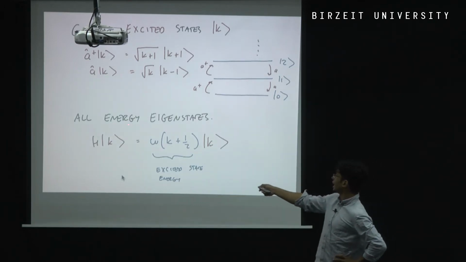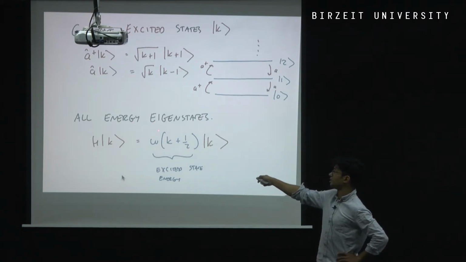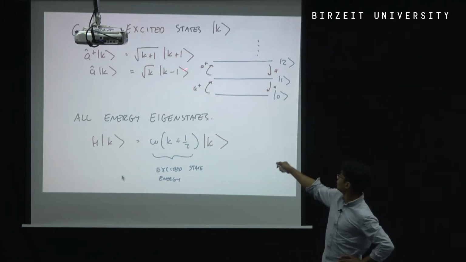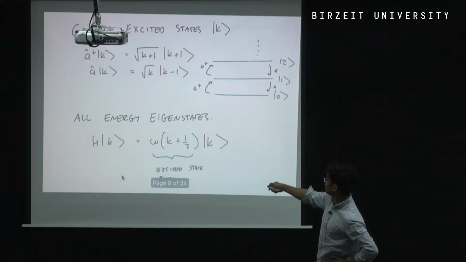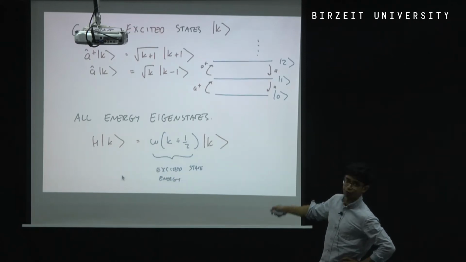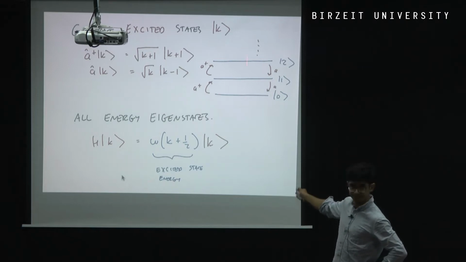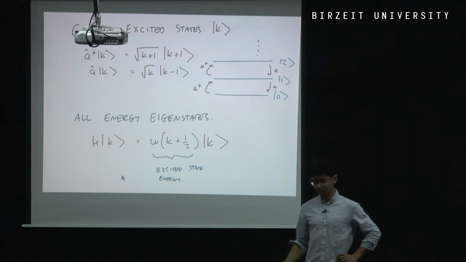And they're all energy eigenstates. I forgot the hat, sorry. They're all energy eigenstates, because if you act with the Hamiltonian on these states, this A dagger A bit just picks up a factor of k, and this half is always left over. This is the energy of all of the excited states. Okay, I think all this is very familiar to everyone.